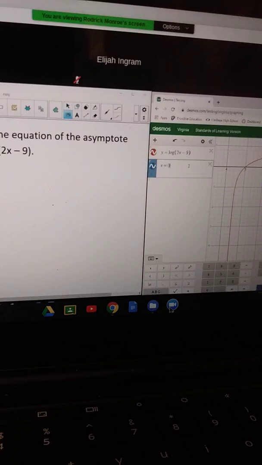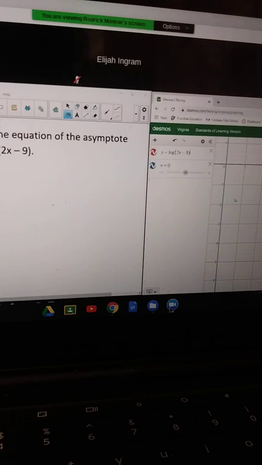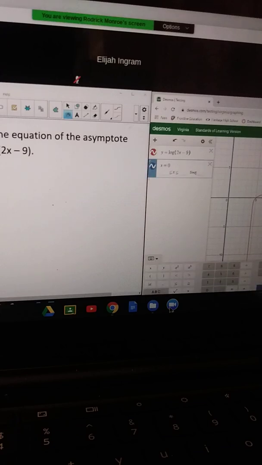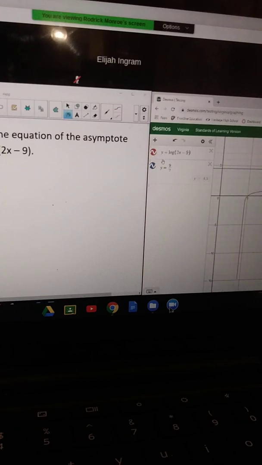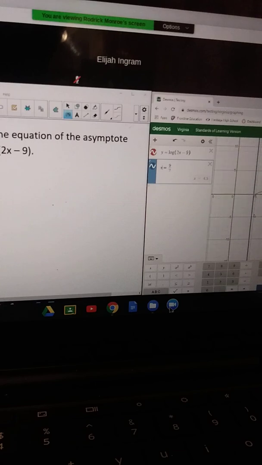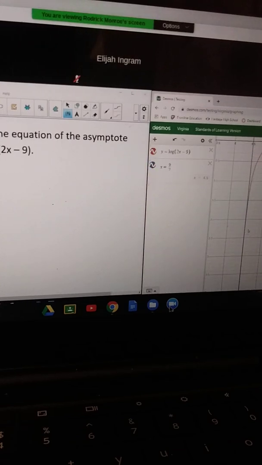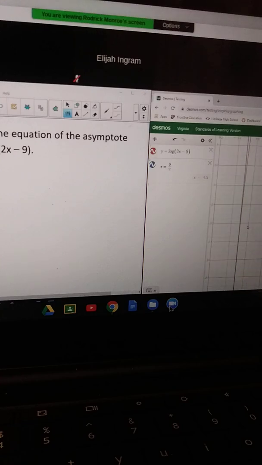Okay? So I'm going to type it in. X equals 0. As you can see, it gets nowhere near 0. Y equals 0. Don't worry about that one. Y equals 9 divided by 2. Not that one. We change this to x. As you can see, if I were to zoom in, it gets very close.